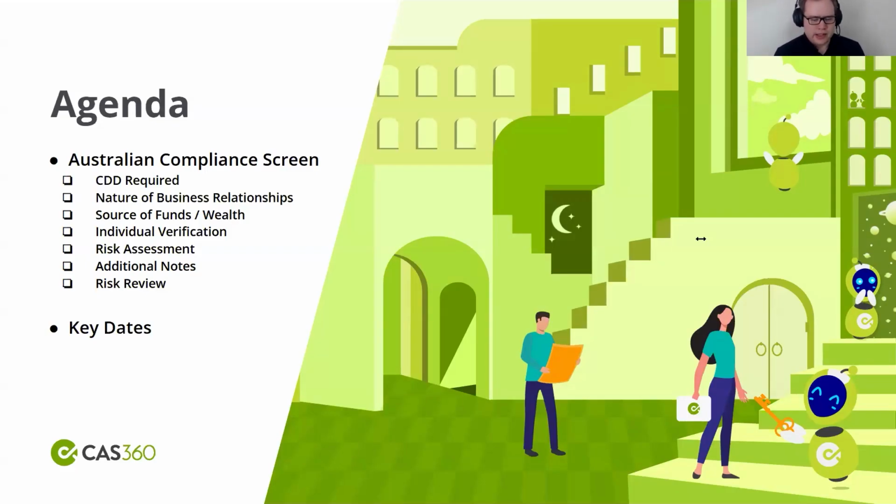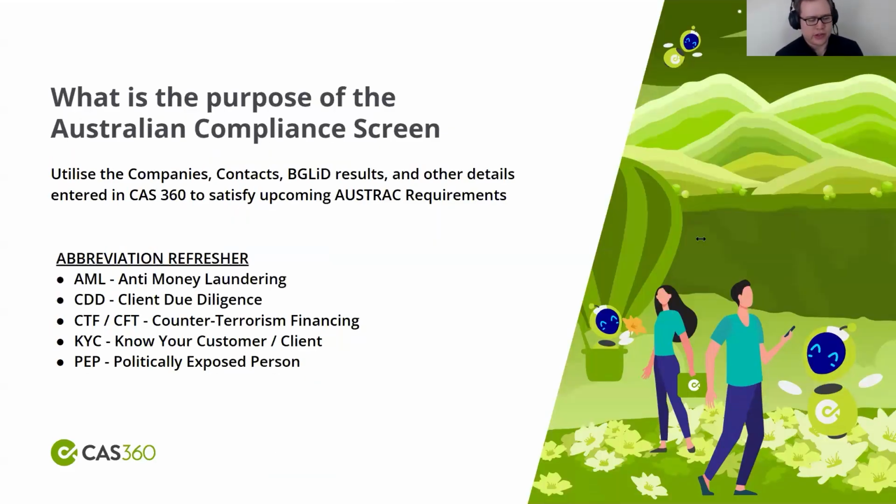So let's get into the content for today, the Australian compliance screen. What is the purpose of this screen? As it says on the slide here, the purpose is to utilize the company's contacts, BGL ID results, and other details that you have already entered into CAS 360 to satisfy the upcoming AUSTRAC requirements.